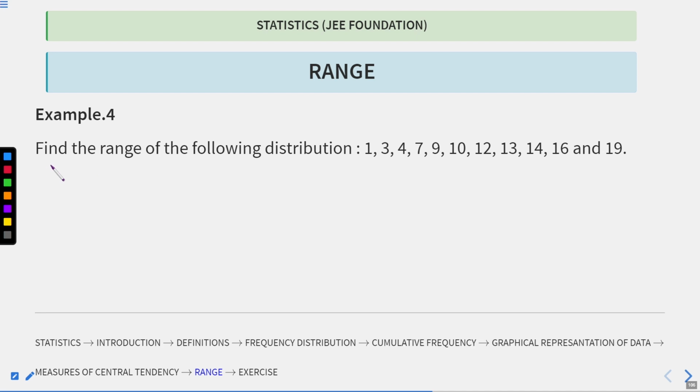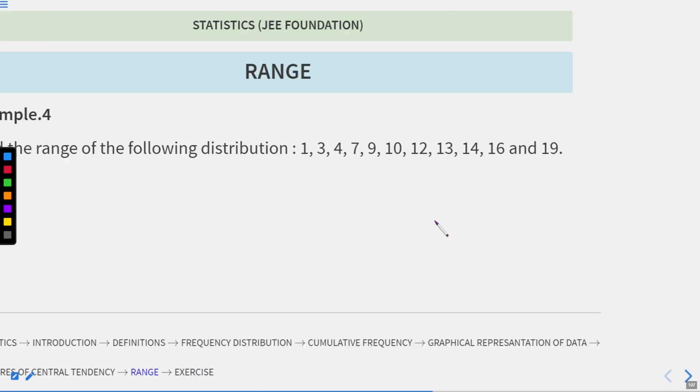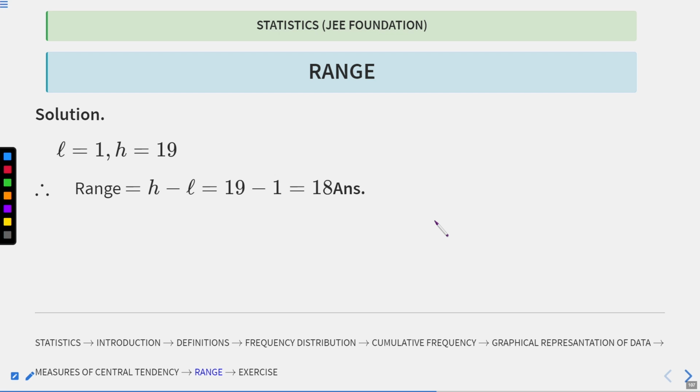So let's see an example related to all of these concepts. The range for the following distribution: first of all, find the maximum or highest value of the distribution, which is 19. 19 minus the lowest, which is 1, gives 18. So my range will be 18. I hope this is clear.